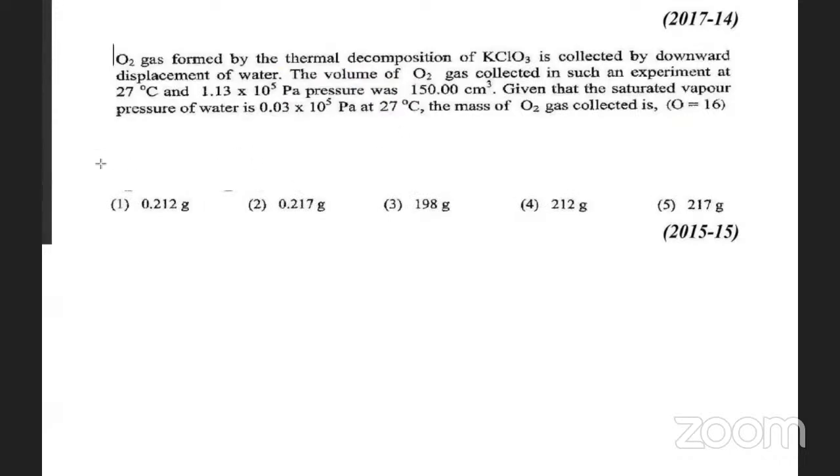The volume of O2 collected in such an experiment at 27 degrees Celsius and 1.13 into 10 to the power 5 Pascal pressure was 150 centimeter cube. Given that the saturated vapor pressure of water is 0.03 into 10 to the power 5 Pascal at 27 degrees Celsius, mass of O2 gas collected is interesting.